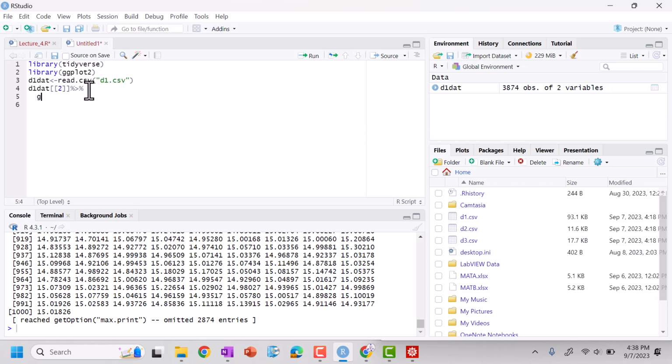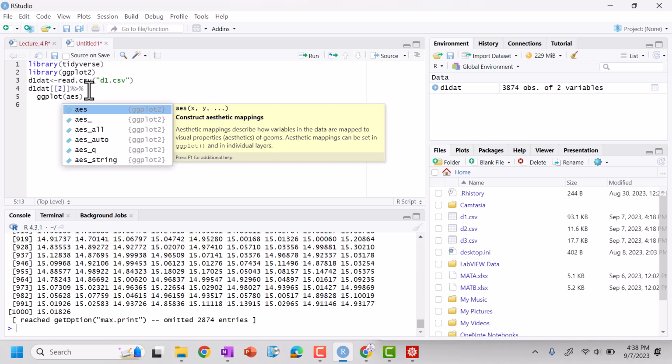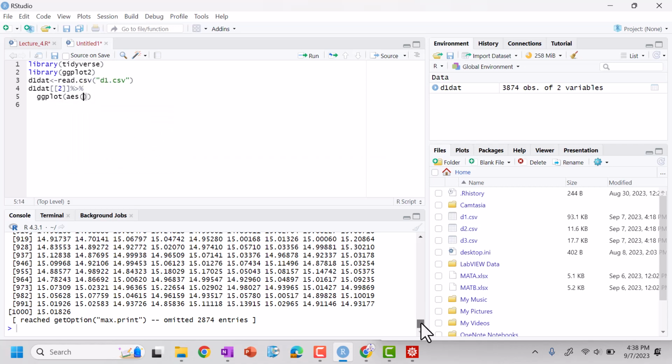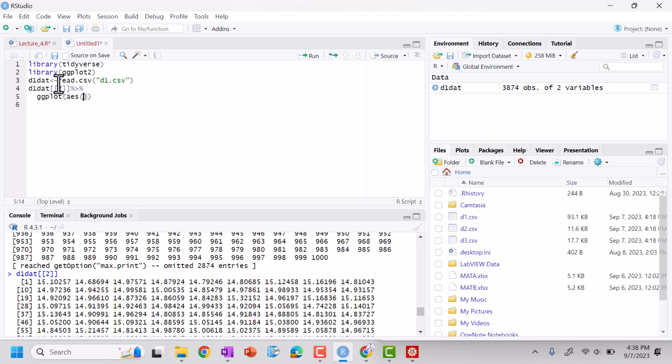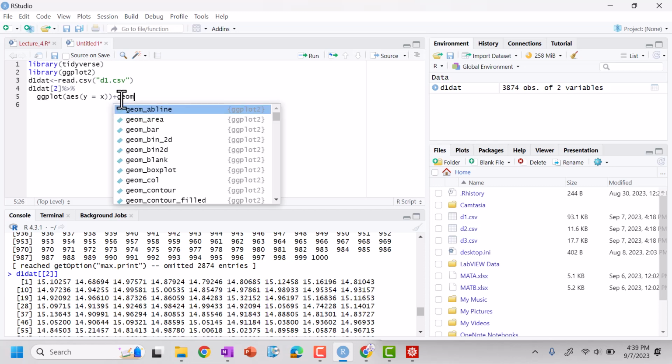Let's pipe that to ggplot, and let's go AES. Do I have this header here? Unfortunately, no. So I think I'm going to have to do just a single bracket 2. This may break. AES, I'm going to say Y equals X for that axis plus geom histogram.